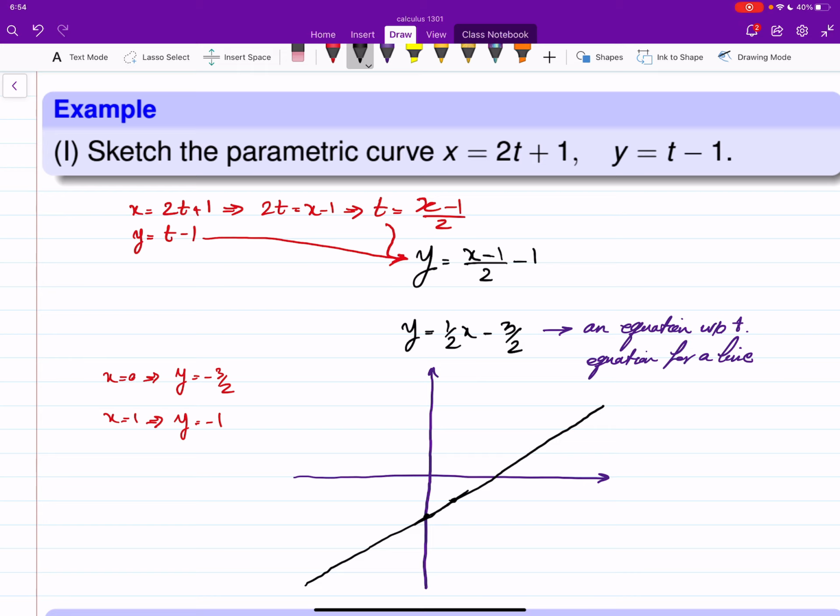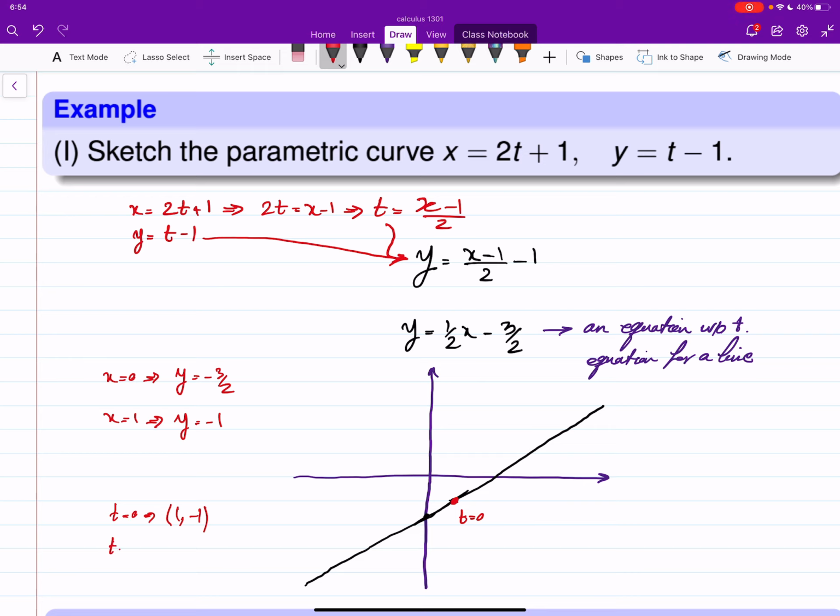Well, in this case, you will notice that our parametric curve is the whole line. And actually, the way it starts, just set t equal to 0, you will notice that in that case, x is going to be 1, and y is going to be negative 1. So this is the starting point, for t equal to 0.